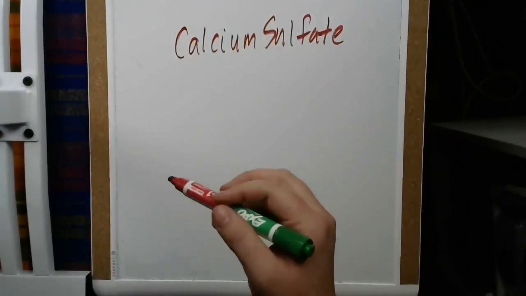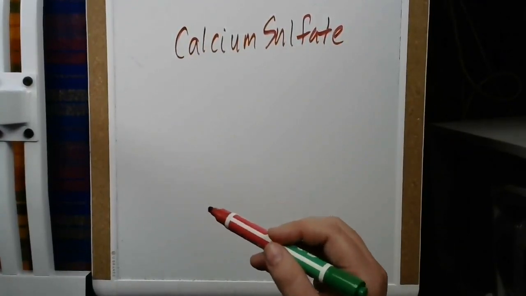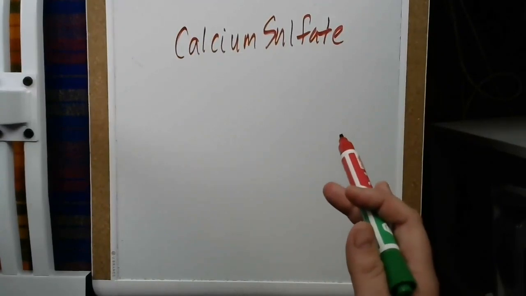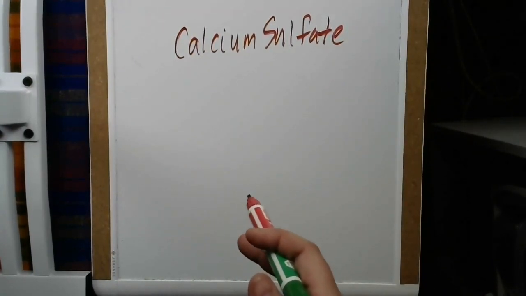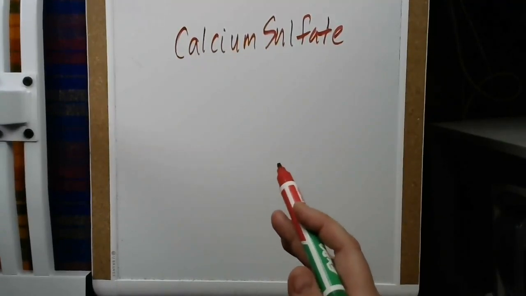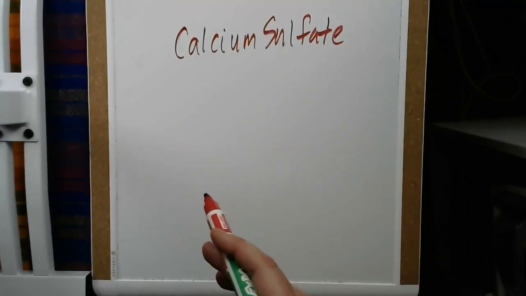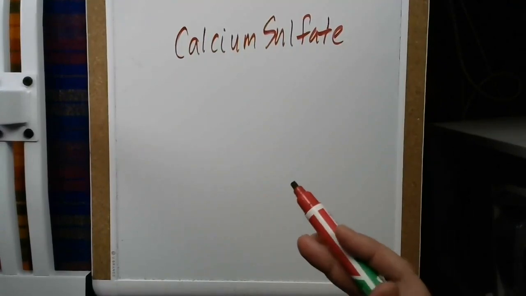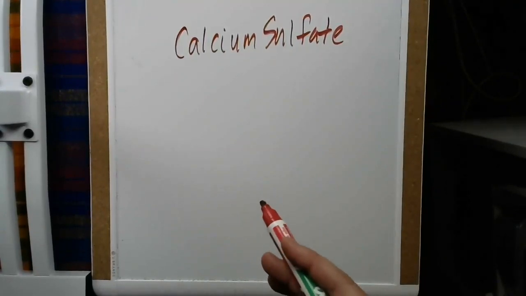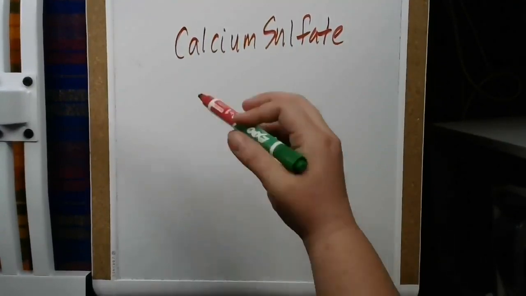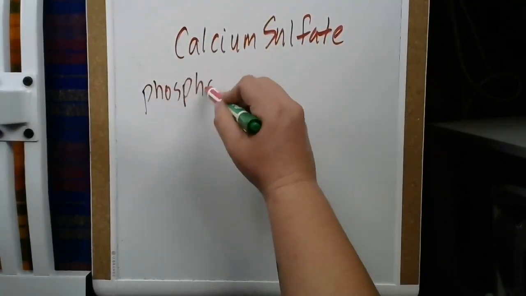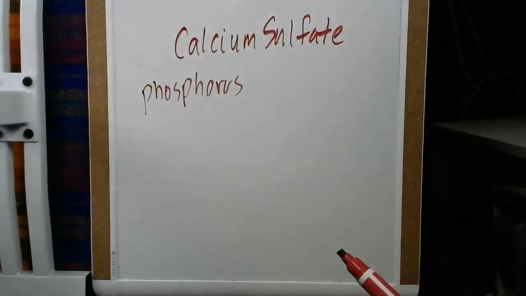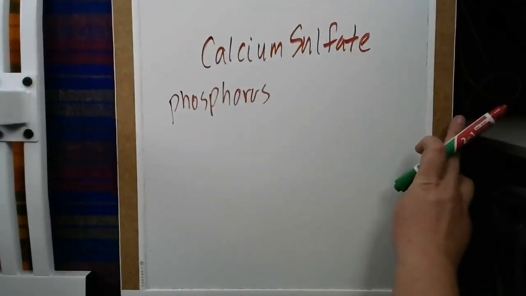B, PF5, both phosphorus and fluorine are nonmetals. So this is a molecular compound. So we are going to name it using our prefixes, okay? We don't have to include the mono prefix in front of our first nonmetal, so we can just name it regular phosphorus.